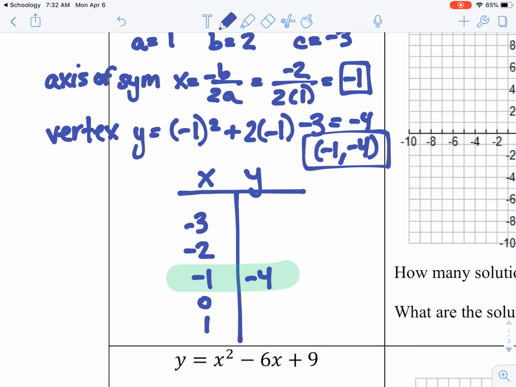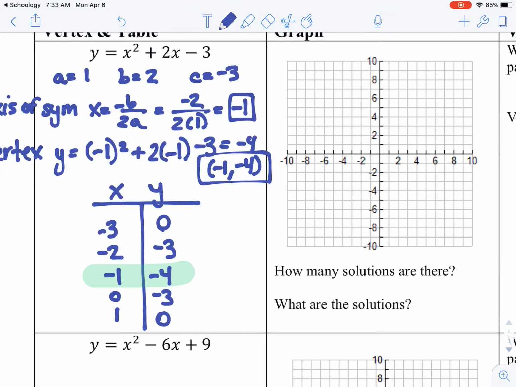I'm then going to plug those numbers into my original equation to solve for y. And I can graph those points.